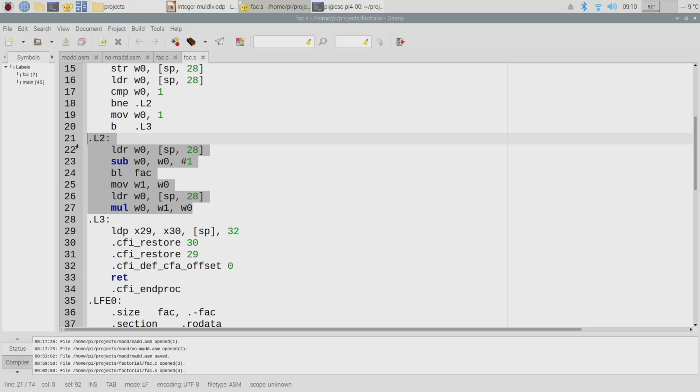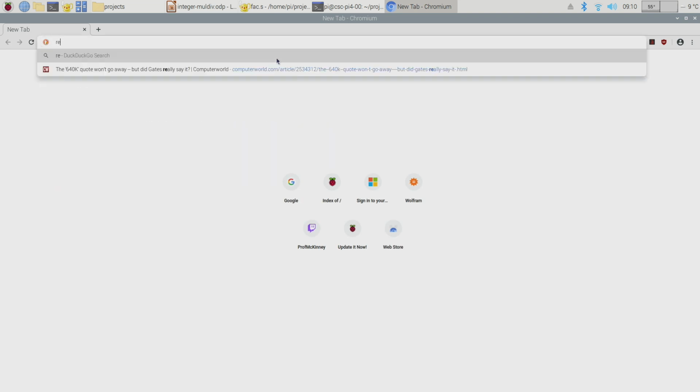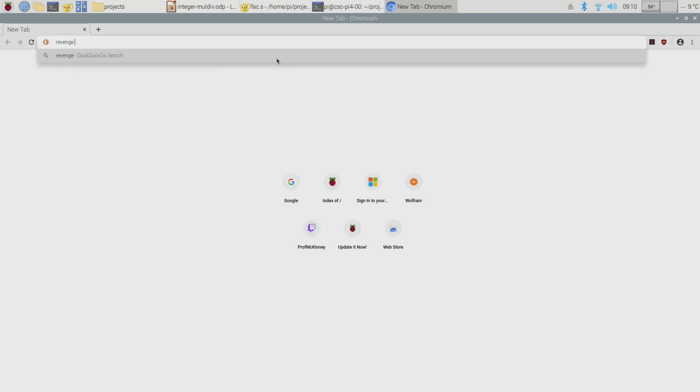Well, okay. There's an interesting, I think it's a Japanese word. Let's look it up because it actually is kind of apropos. Yeah, it's like revenge.